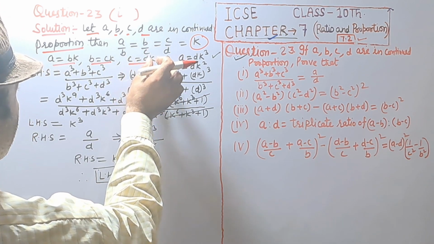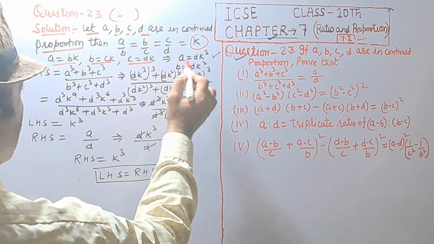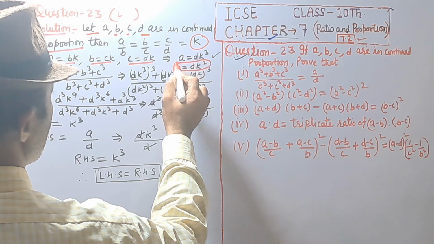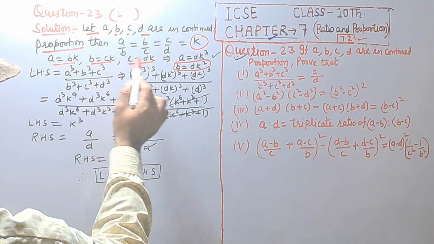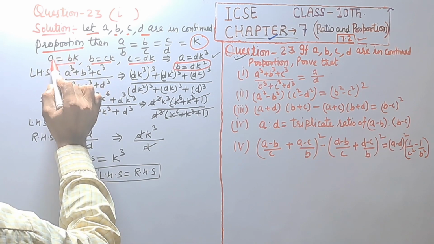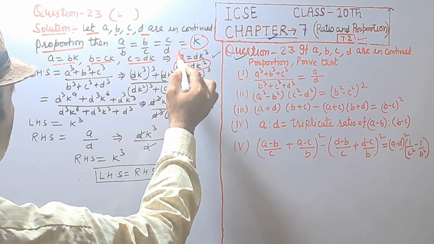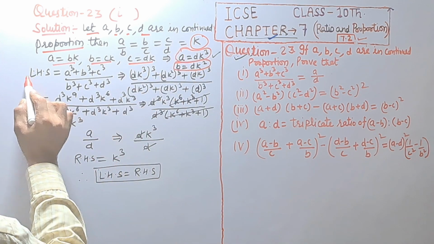Putting C is equal to DK in here, we get the value of B is equal to DK raised to power 2, and putting DK square in the first, we get the value of A is equal to DK raised to power 3.